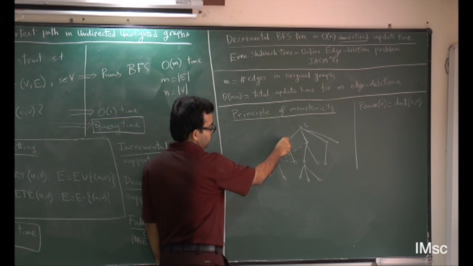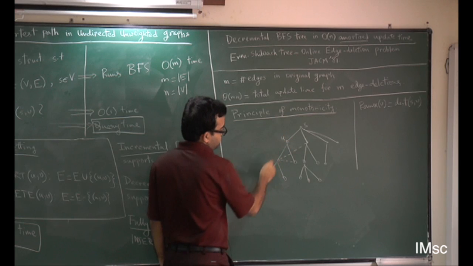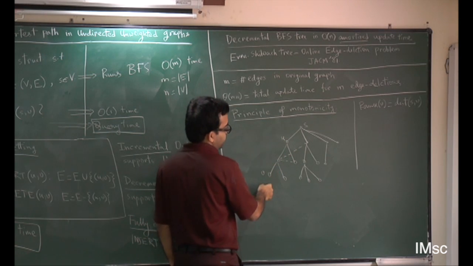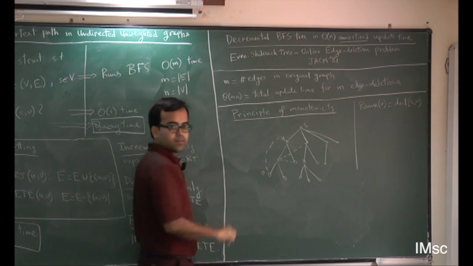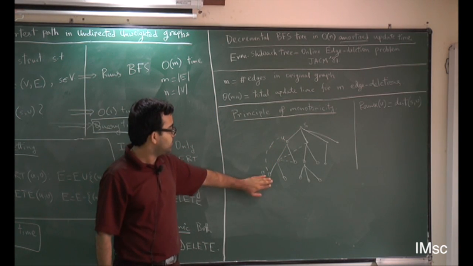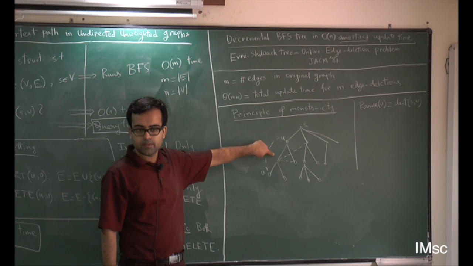It cannot be that this node, say u, is at level 1 and this node v is at level 3 and there is a non-tree edge between u and v, because then in this BFS tree v's level would have been 2. So this is the property that we will use.